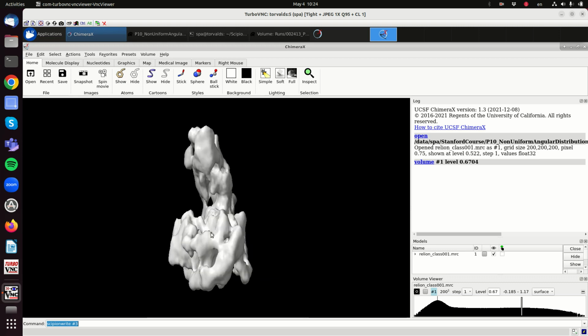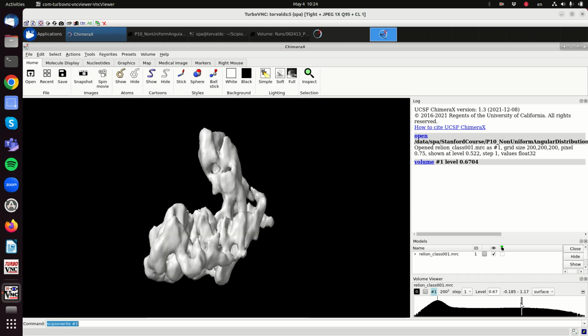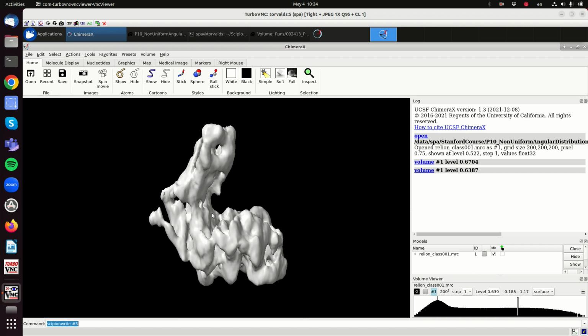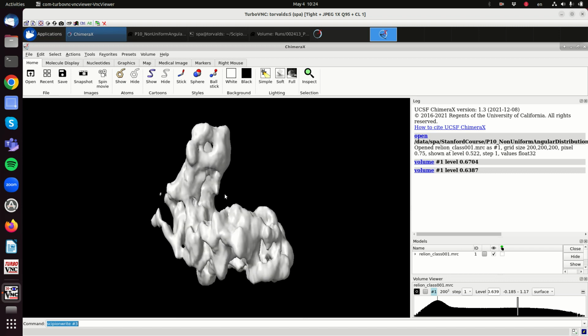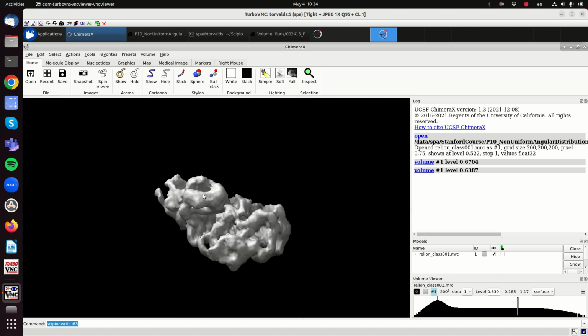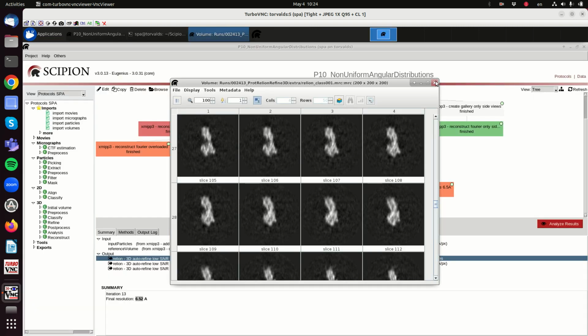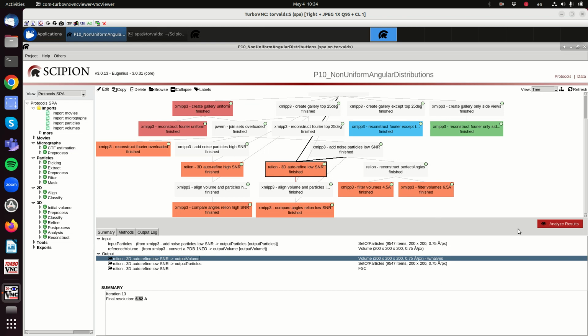The elongation problem is actually an interplay between estimating angles, having low signal to noise ratio, and having overloaded directions. These overloaded directions will tend to attract particles around, so more particles than actually come from the top view are estimated to be there. We can see that in the angular distribution.